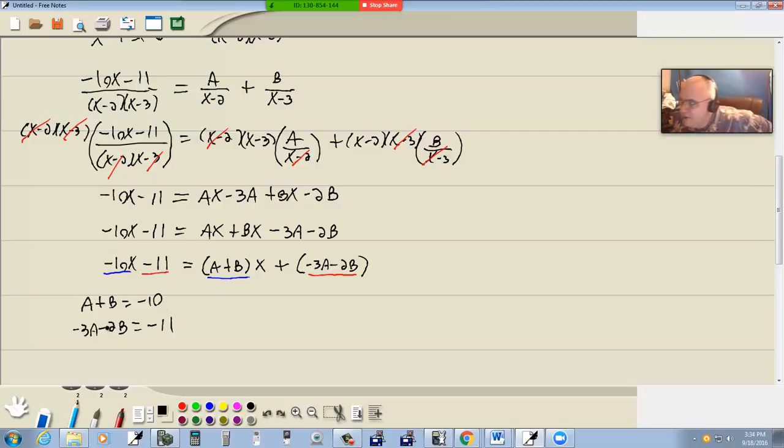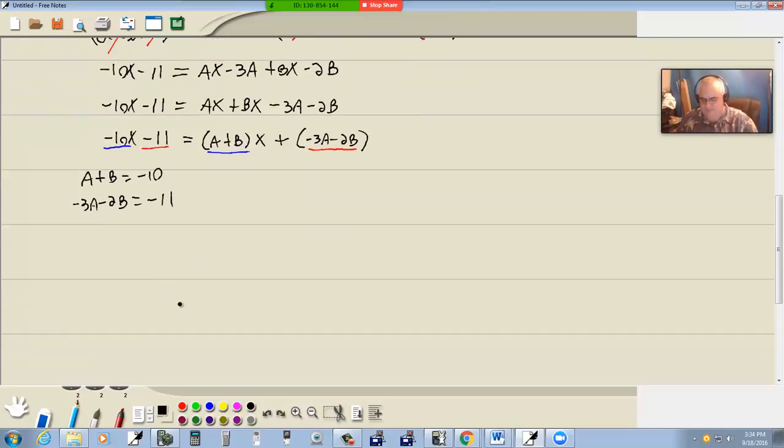Now in this case we want to solve this system of equations, and I'm going to use the addition method. I'm going to multiply the first equation by positive 2. Because if I do that, I'll have positive 2B here and negative 2B here. So 2 times A is 2A, 2 times B is 2B, 2 times negative 10 is negative 20.